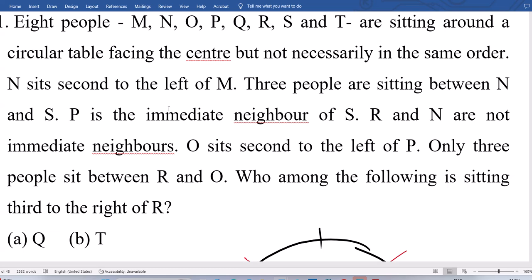R and N are in a combination of not neighbors. N also appears a bit more. M only one time. We can go for N or O, either is fine. Let me start with N.